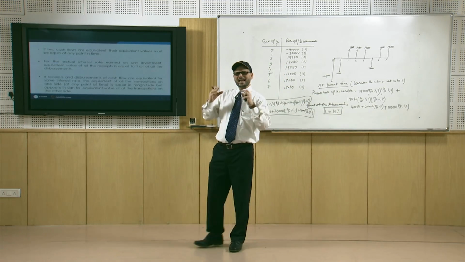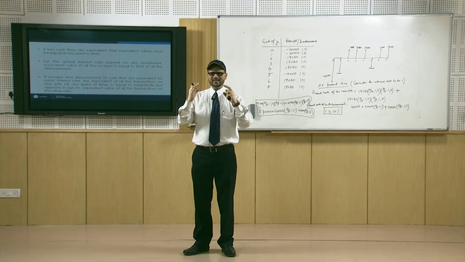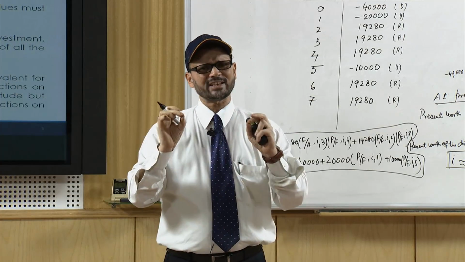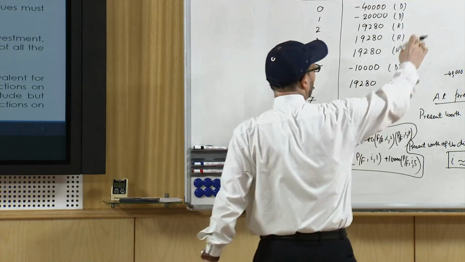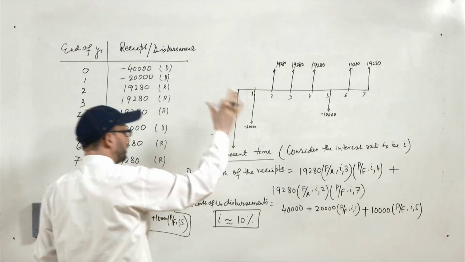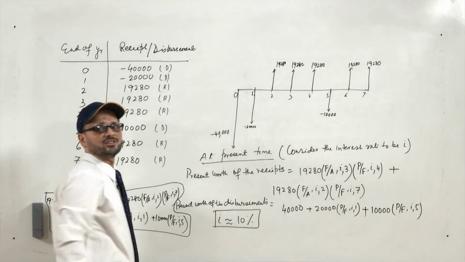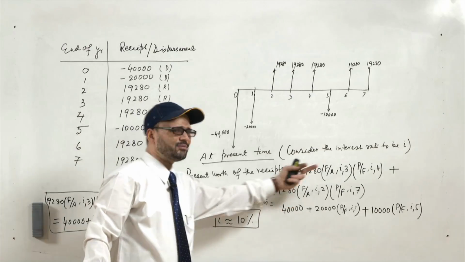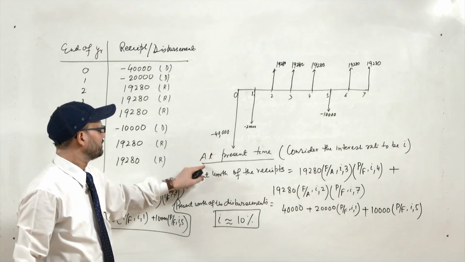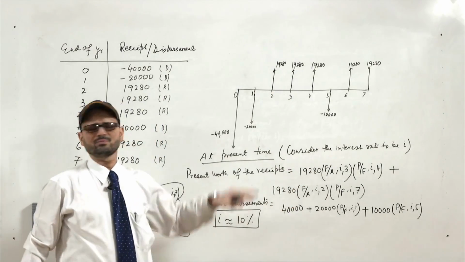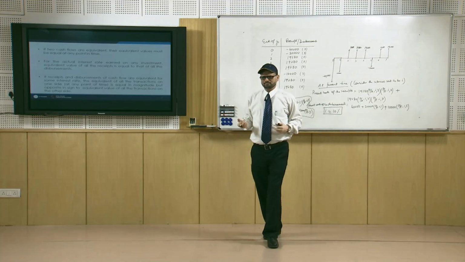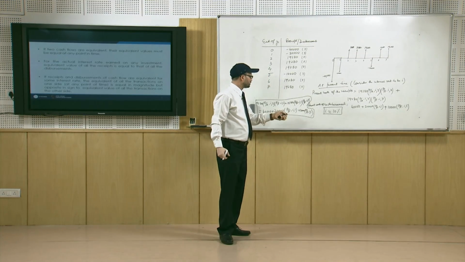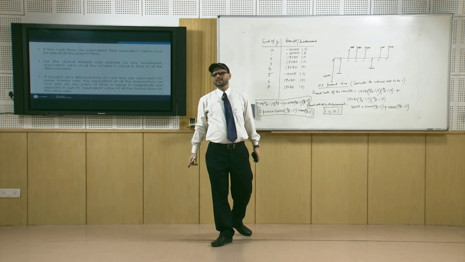So, the actual interest rate earned is 10%, because it sets the equivalent value of all the receipts equal to the equivalent value of all the disbursements. In this case we have not taken the negative values, because we have to equate them anyway. If we take the negative values, the summation of these two should be equal to 0. That is how we come to this interest rate.